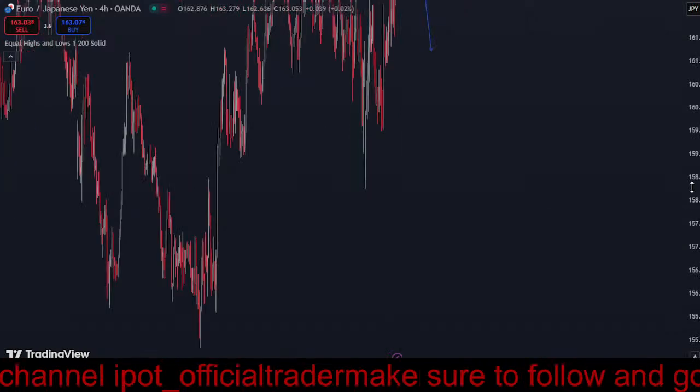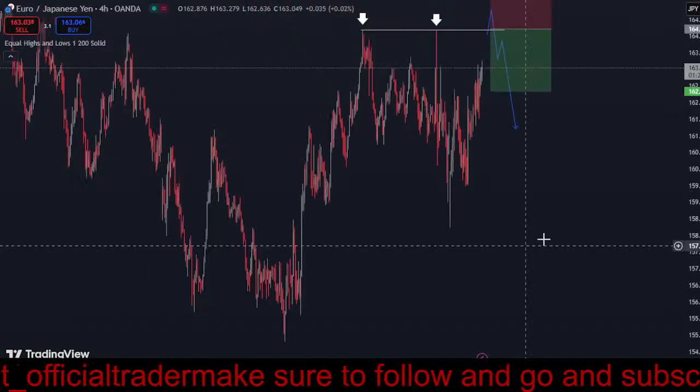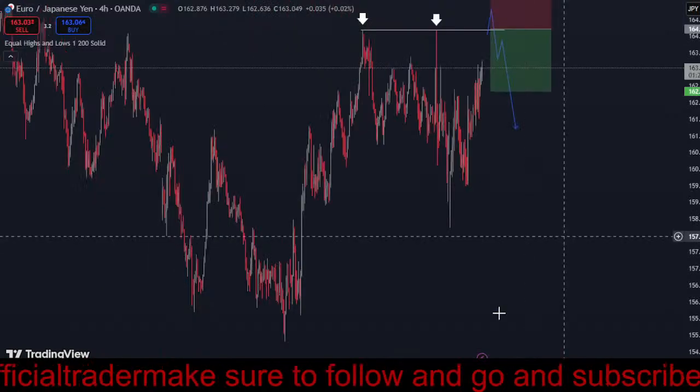So the least I would say is to focus on this previous low, this one. Then as price goes, that's when you can start looking at other TPs, maybe this one right here, this previous low, which would be your last markup on Euro JPY.